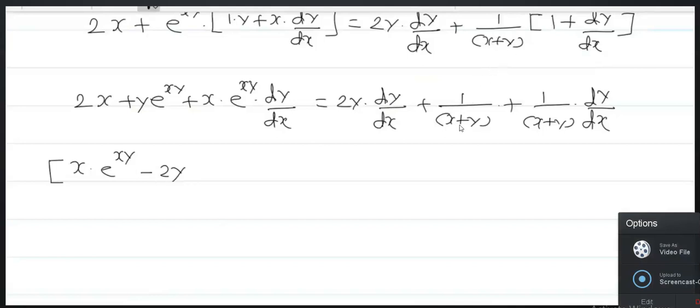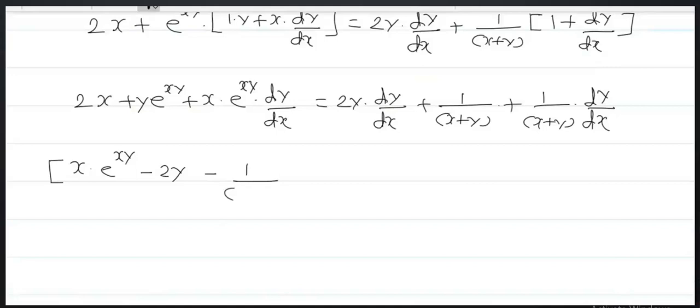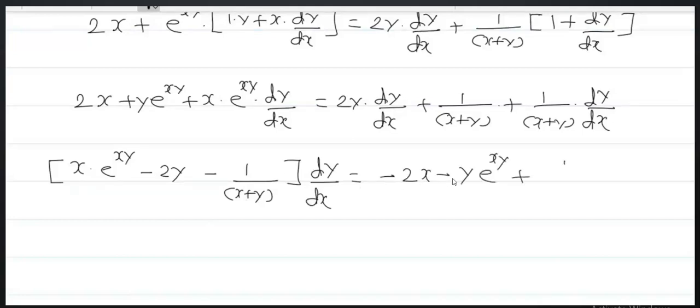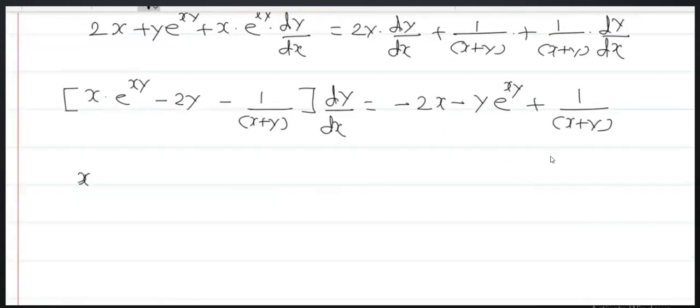Therefore, 1 upon (x plus y) plus 1 upon (x plus y) into dy by dx. Now collect the terms of the dy by dx. x into e raised to xy minus 2y minus 1 upon (x plus y) into dy by dx, and that whole is equals to minus 2x minus y into e raised to xy plus 1 upon (x plus y).